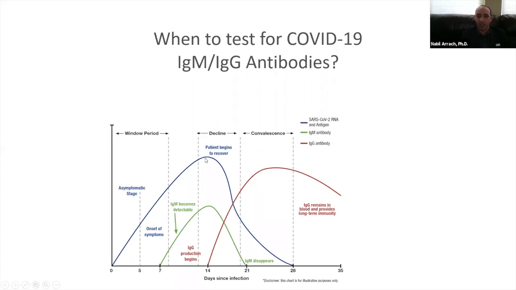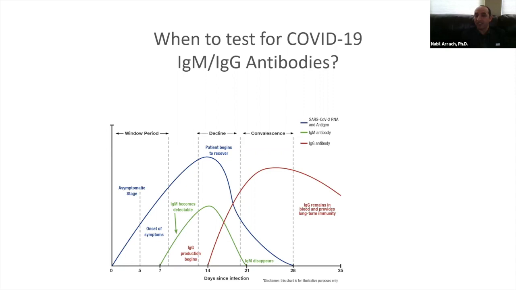When you look at the blue line, that's the RNA or the infection. So the infection lasts about 30 days. If someone gets infected, it takes them approximately 30 days to get rid of the infection, if they do, right?